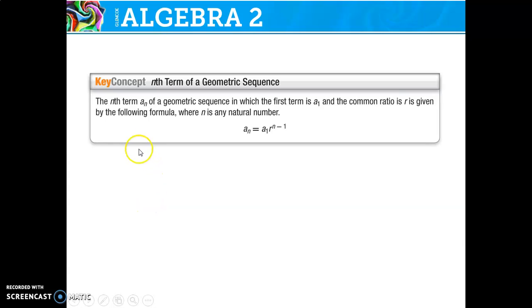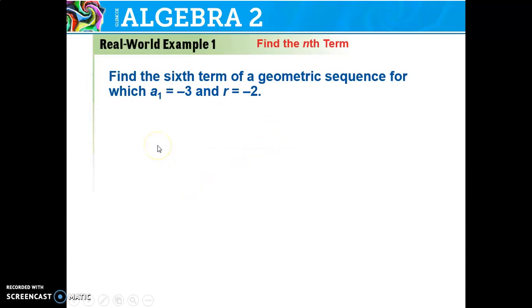So, again, the nth term of a geometric sequence is a very important formula in this section. You can find any term, the general term, by doing the first term times the ratio to the n-1 power. So, find the sixth term of a geometric sequence in which the first term is -3 and the ratio is -2.